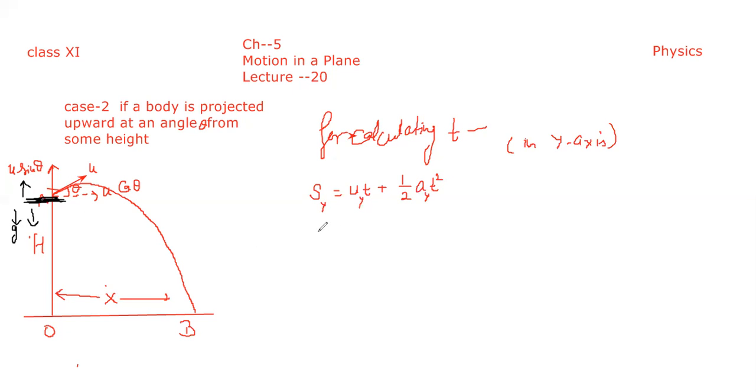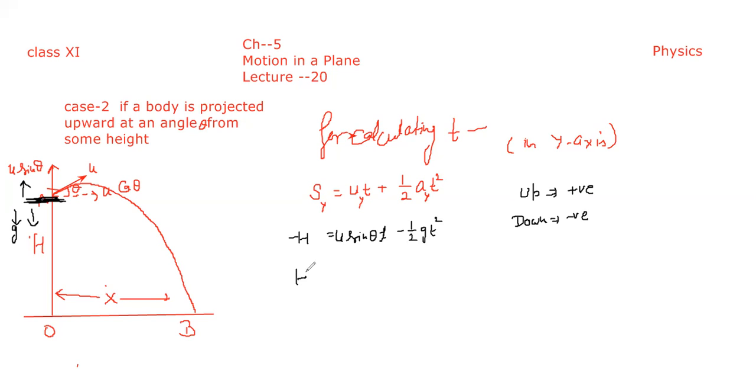If we take the upward direction positive and the downward direction negative, we get minus H equal to u sin theta into t minus half g t square.